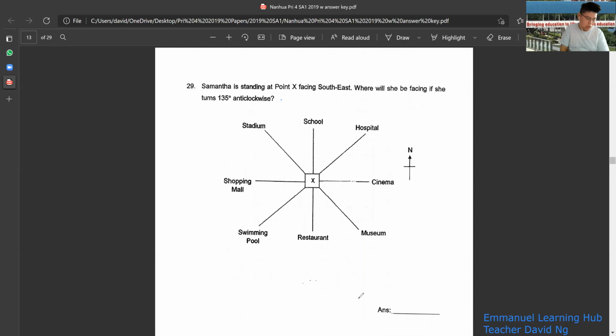Shopping mall? No. Wait, is there something at the bottom? No. This is X. Samantha is standing here, facing southeast, then northwest.